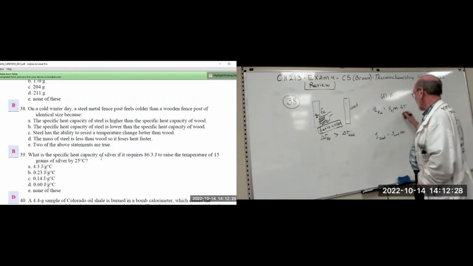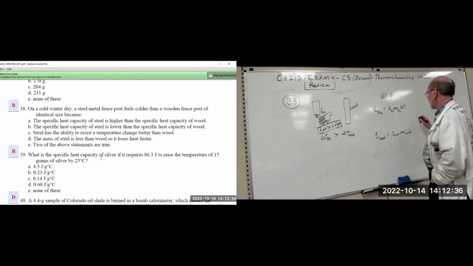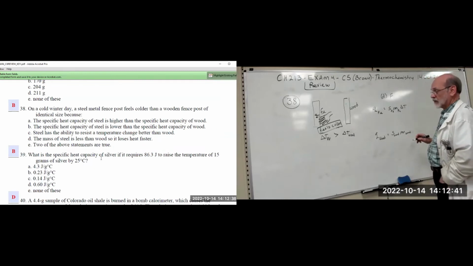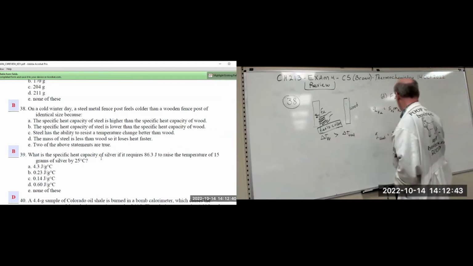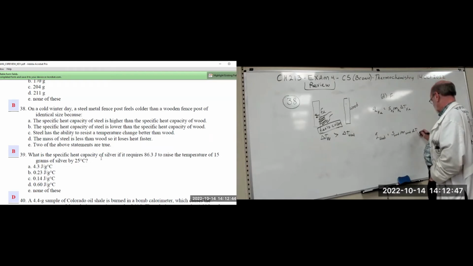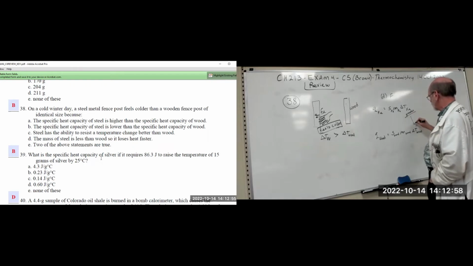They have different masses also, right? So there's a mass of iron and there's a mass of wood. And how about the temperature change? Well, the temperature change for this one has to be greater than that one.